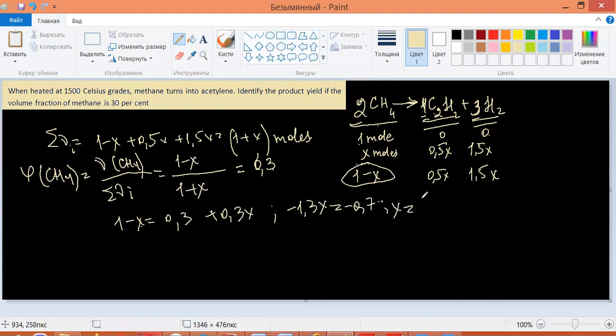That means that x equals 7 out of 13. If we calculate it using my calculator, it's roughly 0.538 or 53.8%.